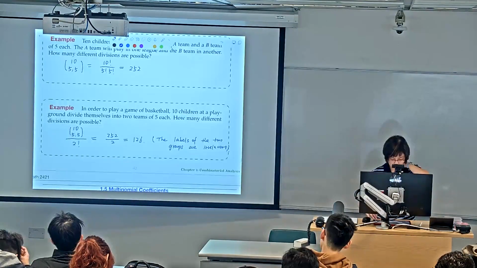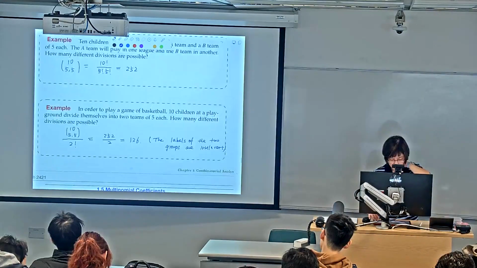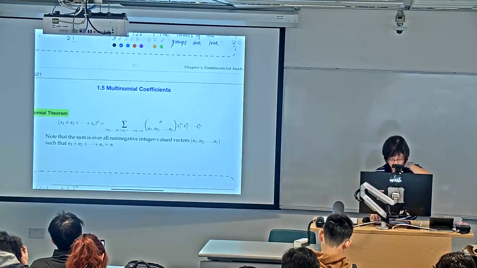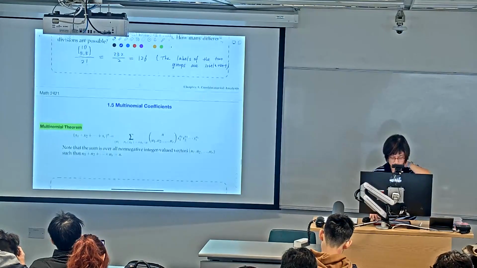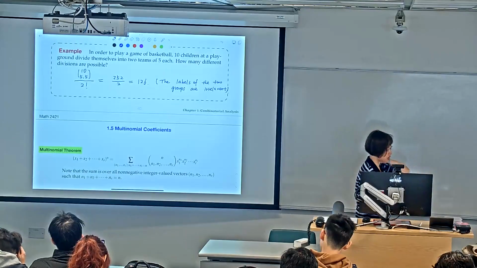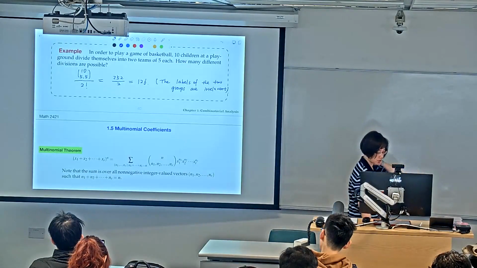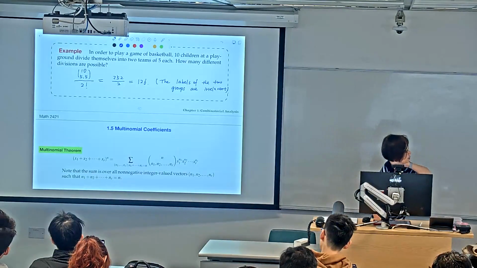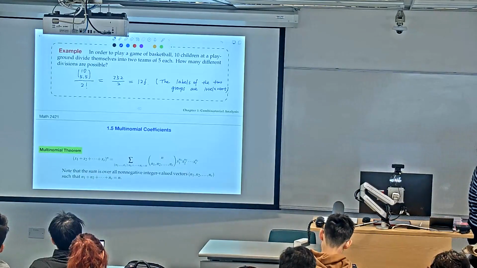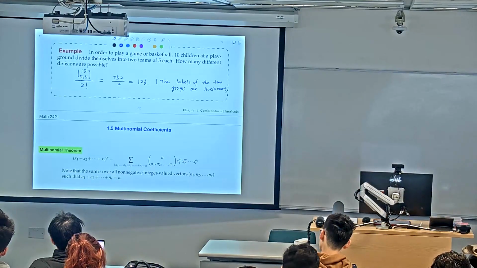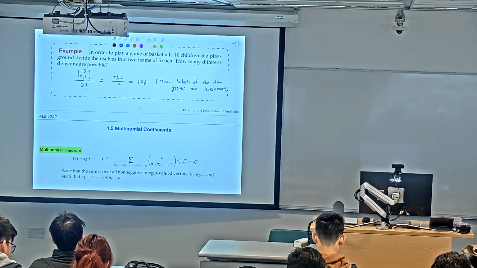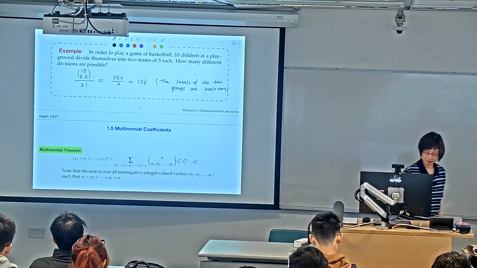Okay, so the next thing we want to mention related to the binomial coefficient is this multinomial coefficient and the multinomial theorem. It's an analog of the binomial theorem. The binomial theorem is expanding (x1 + x2) to the power n. Now we can consider expanding (x1 + x2 + ... + xr) to the power n.